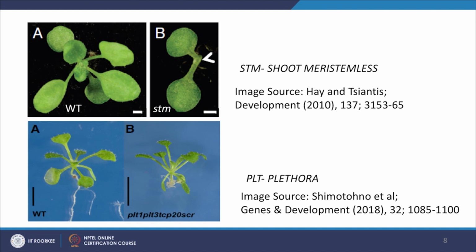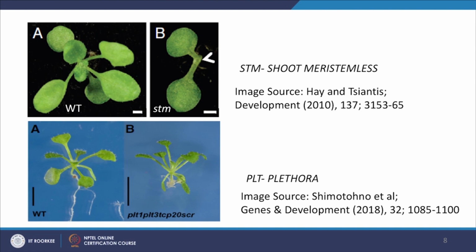But in this mutant, somehow this meristem is not being maintained for a very long period of time, which means that since the meristem cannot be maintained, only very few lateral organs are made, and eventually this meristem is terminated. Similarly, if you look at the plethora mutants, PLETHORA are a very important class of transcription factors, and they are responsible for maintaining root apical meristem activity.